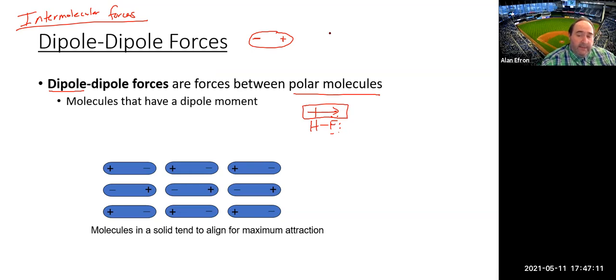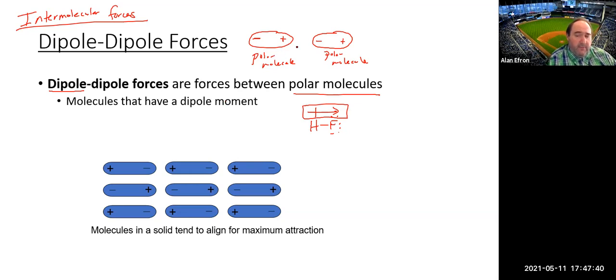And when you get two polar molecules together, as we can see on the bottom as well, remember, it's not just a polar bond we're talking about; the entire molecule as a whole is polar. Remember, you can't have molecules that have polar bonds but actually be nonpolar. That's an important thing to keep in mind. We're talking here about the molecular polarity of the molecule.